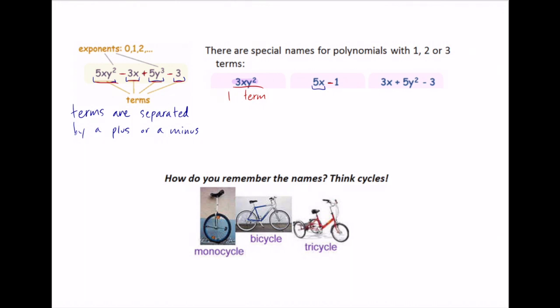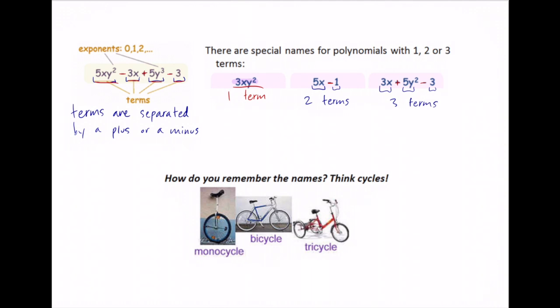It's separating the 5x and the 1. So we have 2 terms here. There's 2 separate things being separated by that minus sign. Next up over here, we have a plus sign and a minus sign. So that gives us 3 terms because we have 3 different things being separated by a plus or a minus. So 3 terms.